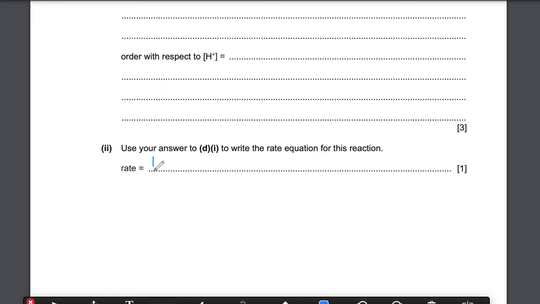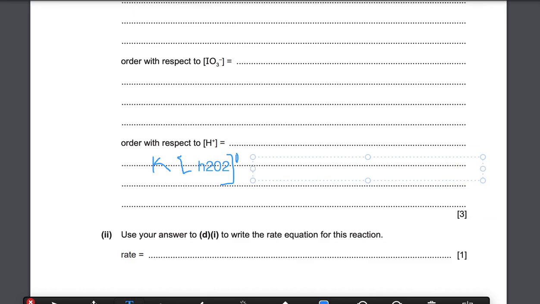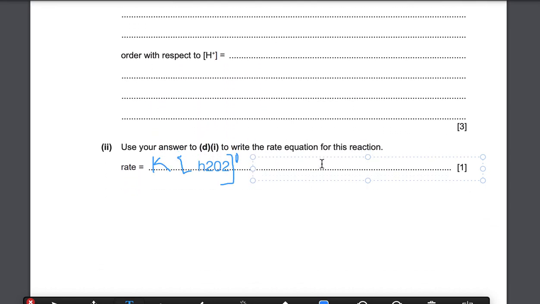We write k, which is for the constant, and H2O2 is a first order reaction, so we write power 1, and then IO3 minus is also a first order reaction, so we add a power 1 over here as well.